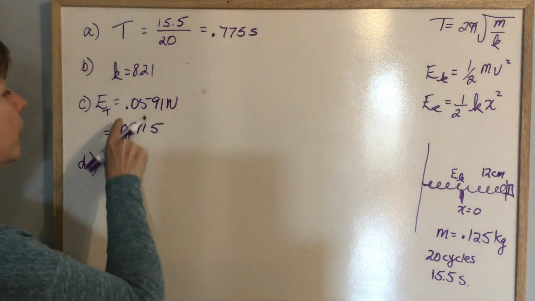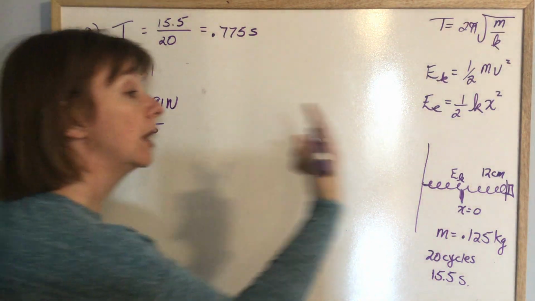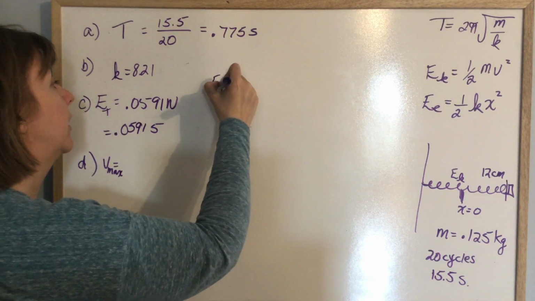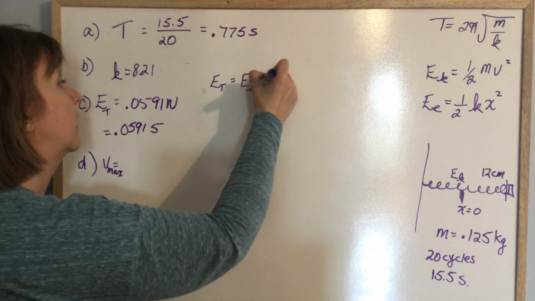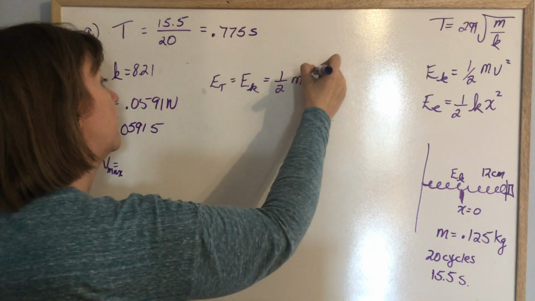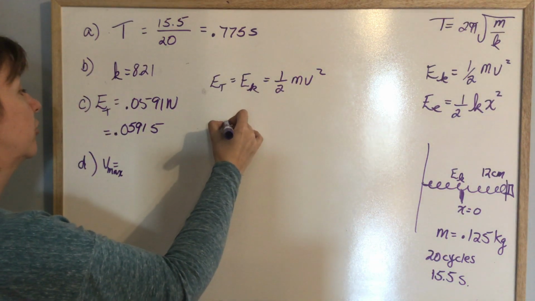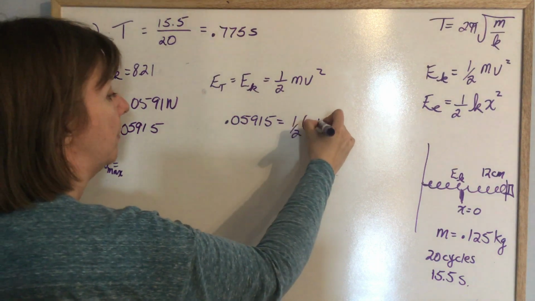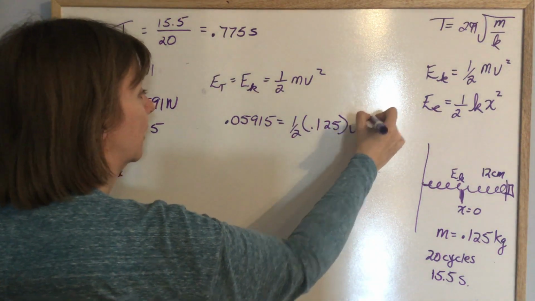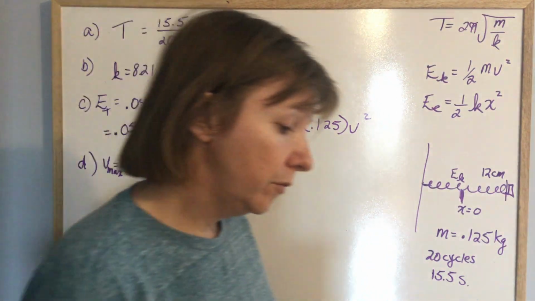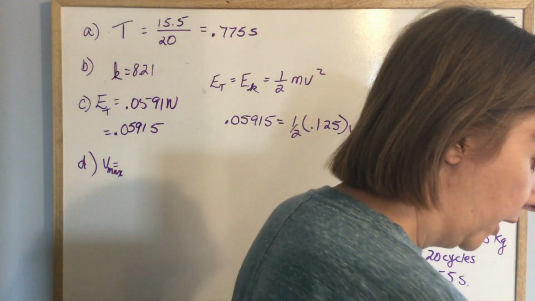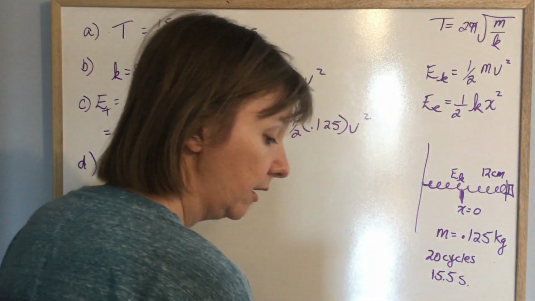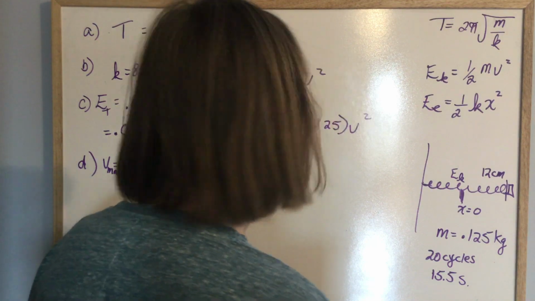So all of that 0.05915 newtons of elastic energy is now kinetic energy. So my total energy is equal to my kinetic energy, which is 1/2 mv squared. So my kinetic energy is 0.05915 times 1/2 my mass is 0.125 times v squared. Now the only thing I don't know is v. So I'm going to rearrange this, and they say it is 9.73 times 10 to the negative 1.